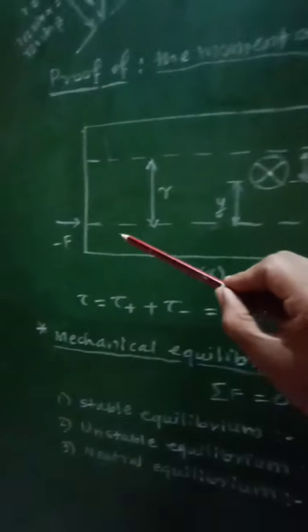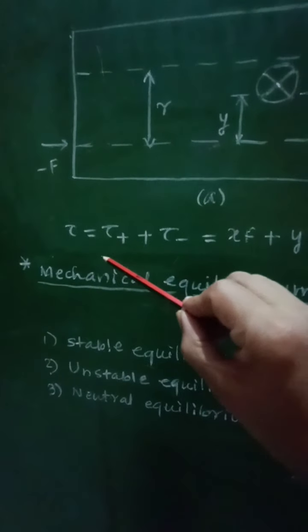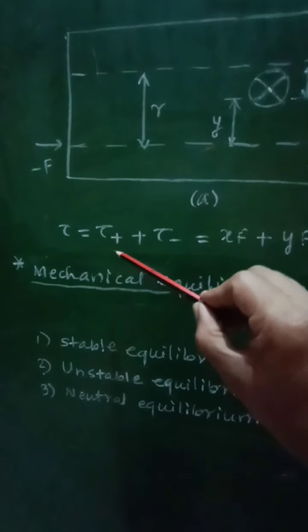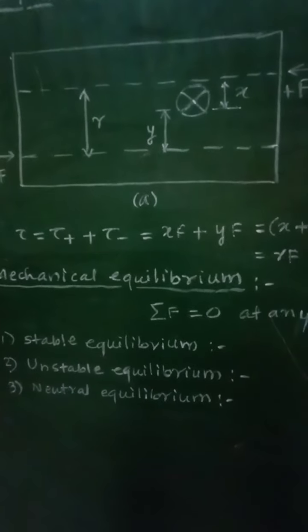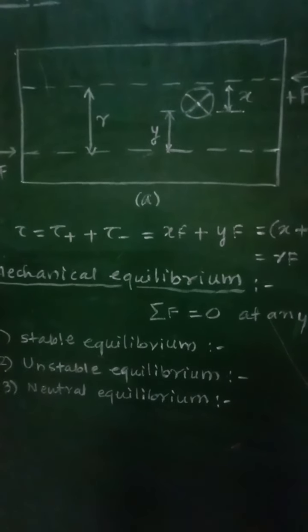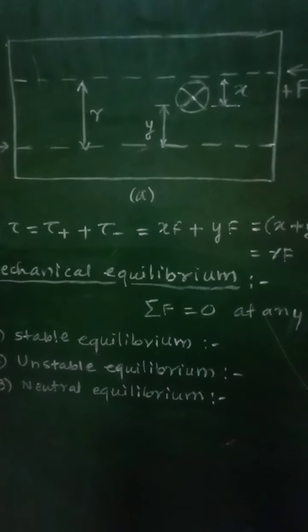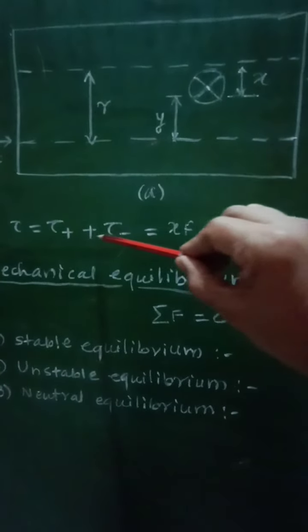Therefore total torque equals torque plus plus torque minus. In this case the lines of action of the forces are on opposite sides of the axis of rotation, and therefore the two torques add.